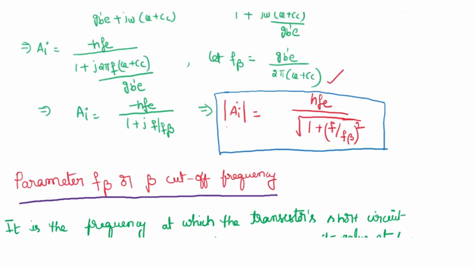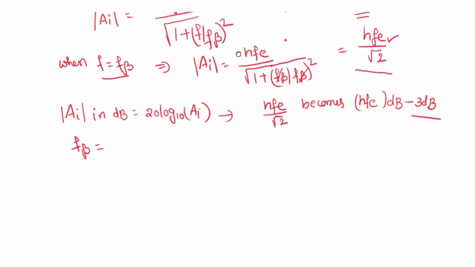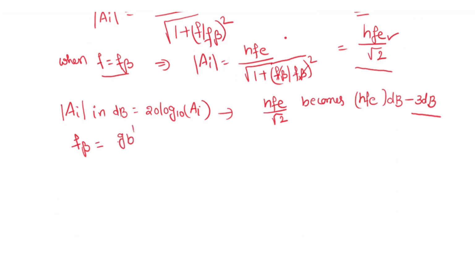We derived f beta as gb'e by 2 pi of (Ce plus Cc). What is gb'e? gb'e can be written as gm by hfe. So f beta is totally gm by hfe of 2 pi of (Ce plus Cc).